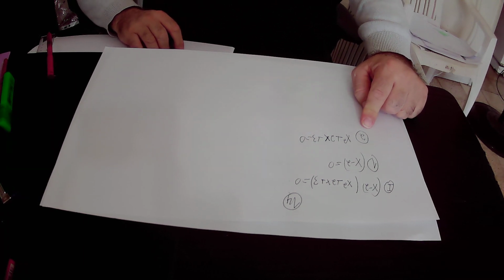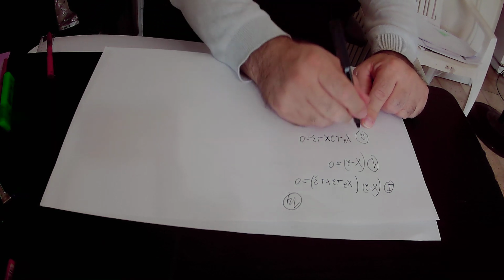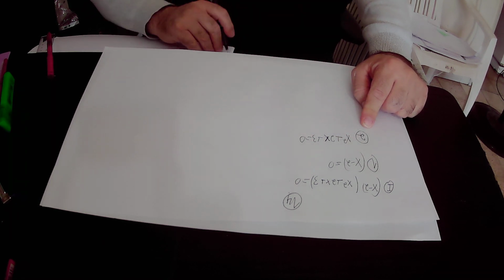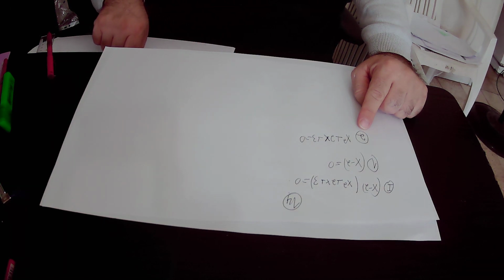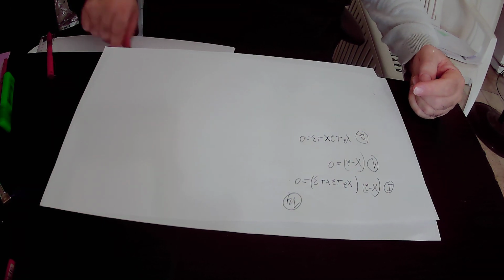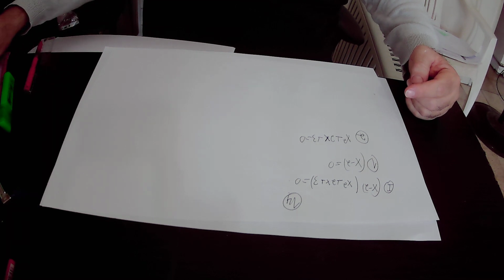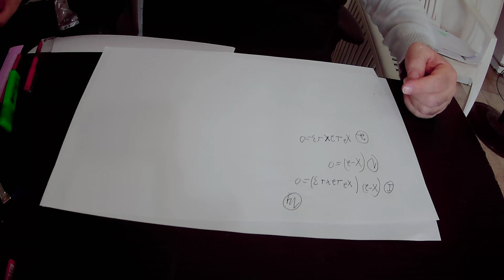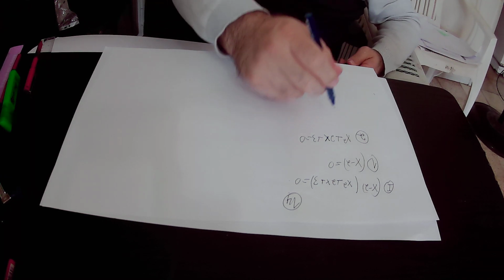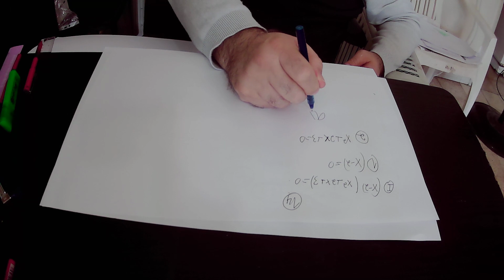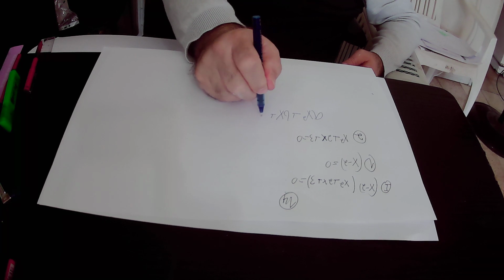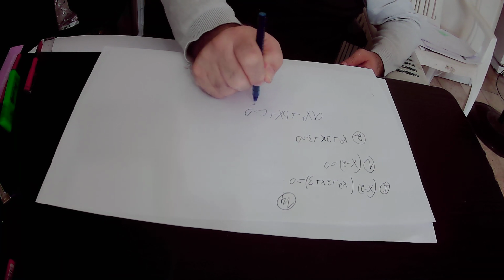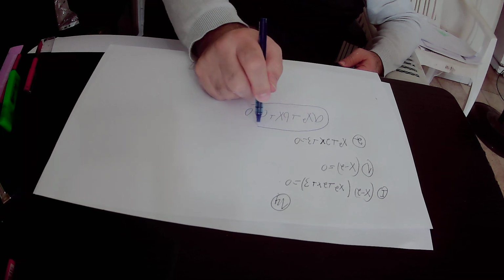We will focus on the second solution, solution number 2. This is a quadratic equation, and the general formula for a quadratic equation is ax squared plus bx plus c equals 0.